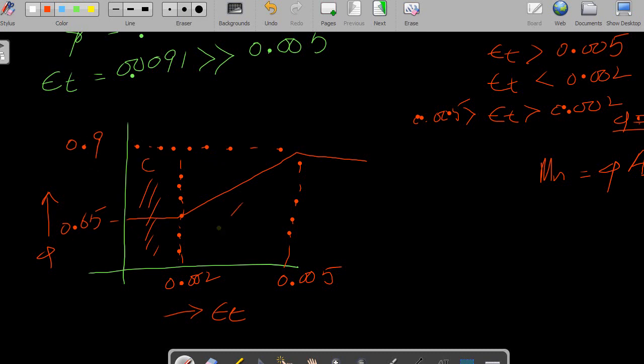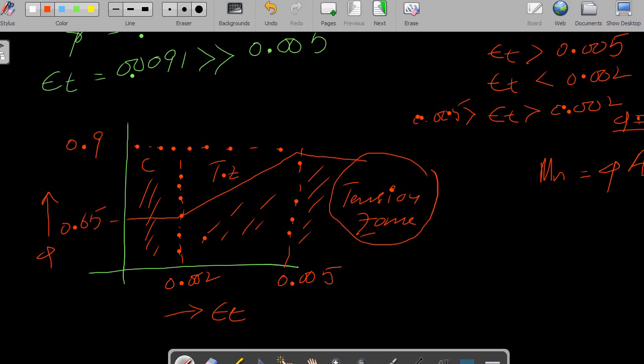This zone is the transition zone. And this zone is the tension zone. As our epsilon t value is more than 0.005, our section lies in the tension zone, or the section is a tension controlled section. So we can choose the phi value as 0.9, right?